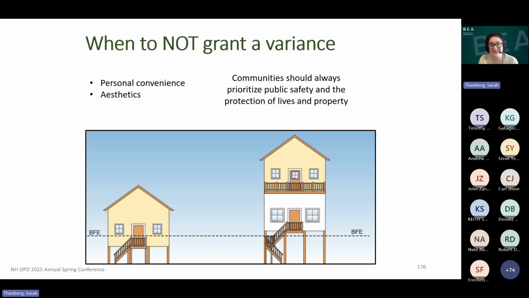Aesthetically, this could look a little not great. It could be a bit of an eyesore, but it is safe. And so aesthetics, a structure just standing out against the neighboring buildings, is not a good enough reason to justify increasing the risk of that structure.